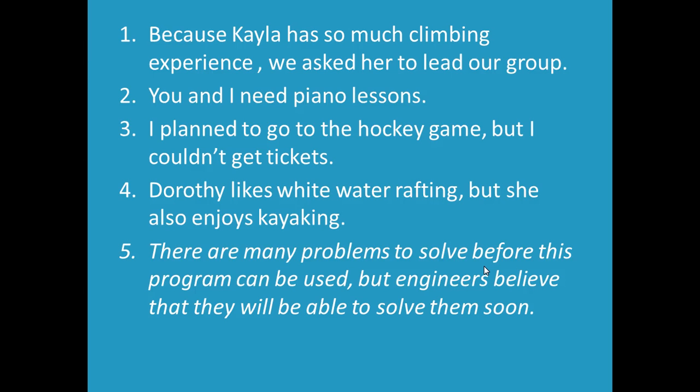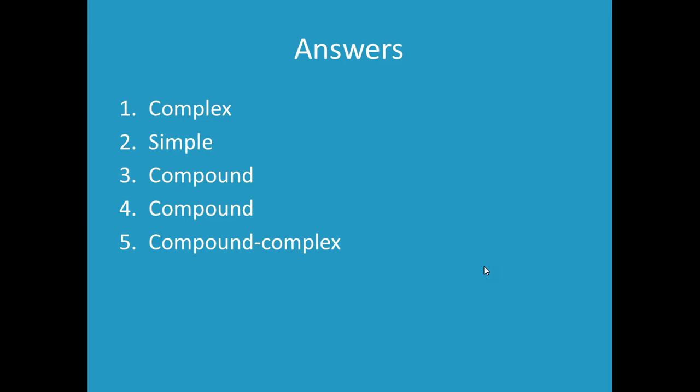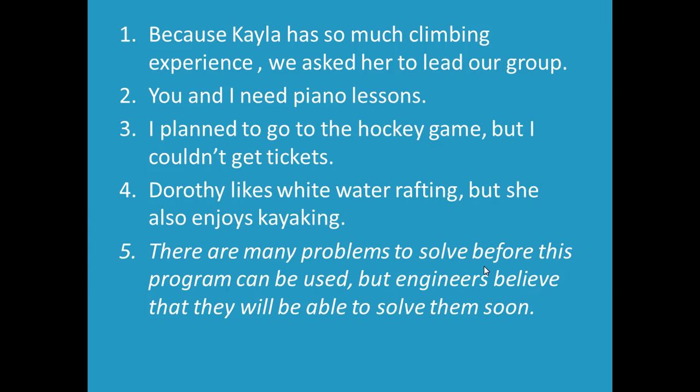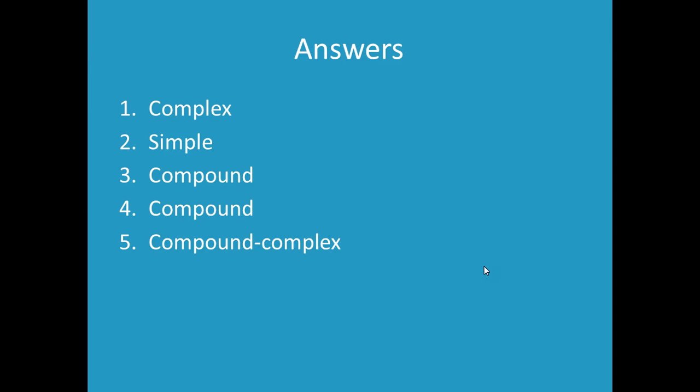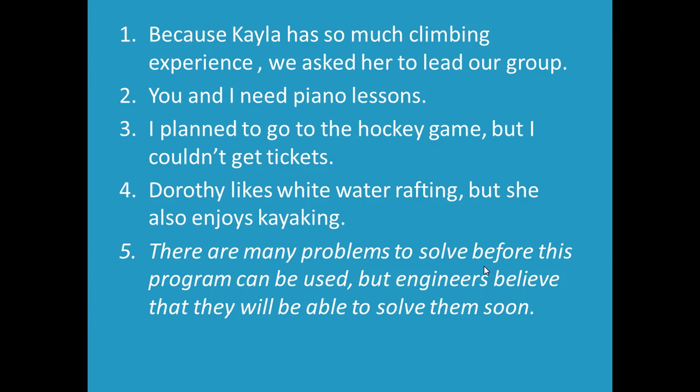You only have one subordinating conjunction. You don't have any coordinating conjunction. So you automatically know, one subordinating, no coordinating, it must be a complex sentence. If they have a coordinating conjunction like and, then it will be compound complex.